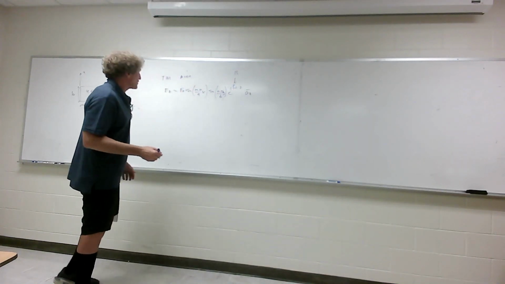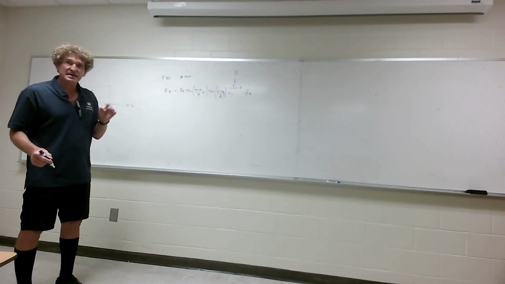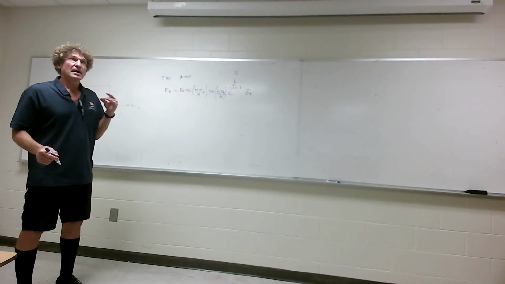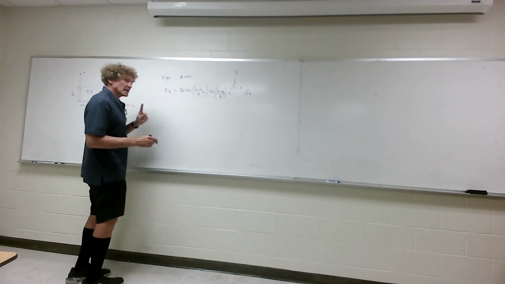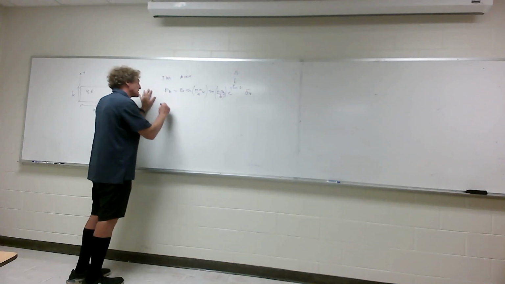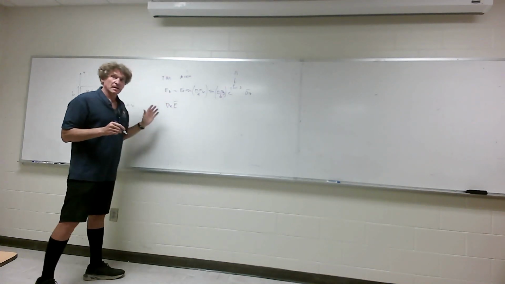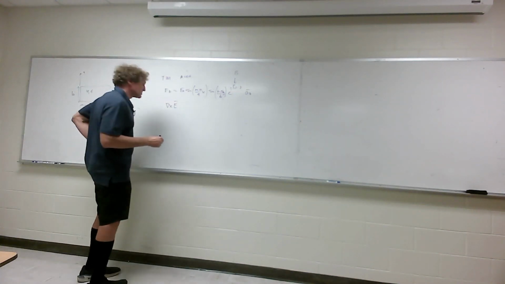Now, I didn't derive all the field components, but if you have this Ez, you can go ahead and get Ex, Ey, and Hz, and you can get Hx and Hy. I'm just going to tell you how. If you take the curl of this E here, you're going to get some partial terms, but you're going to get full terms too.